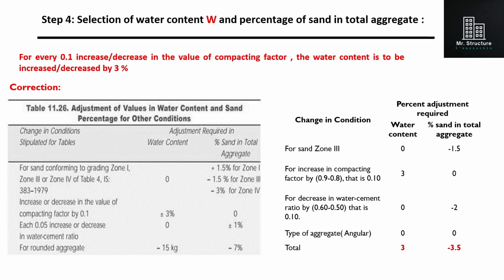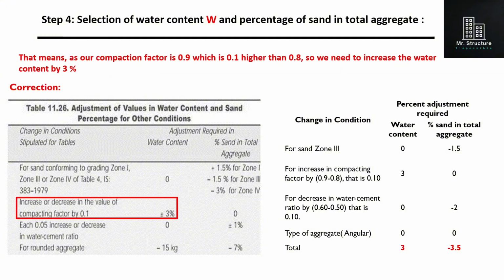For every 0.1 increase or decrease in the value of compacting factor, the water content is to be increased or decreased by 3%. That means, as our compaction factor is 0.9, which is 0.1 higher than 0.8, we need to increase the water content by 3%.